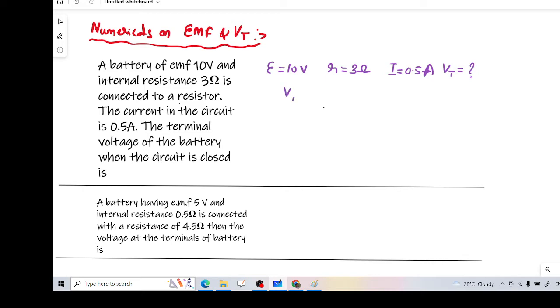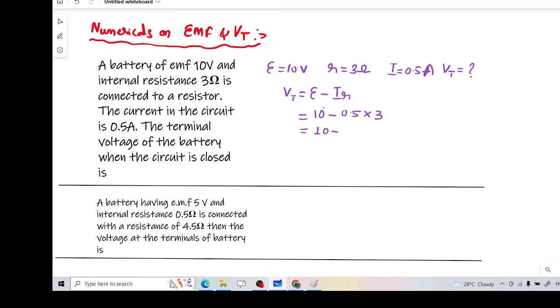So we know that VT is equal to EMF minus Ir. This Ir is the potential drop across this battery cell. Here they have given the value of EMF, that is 10, the value of the current I, and the internal resistance is 3 ohm.